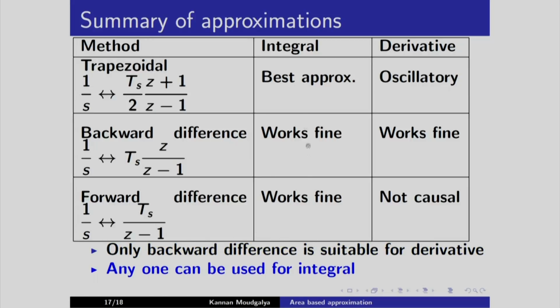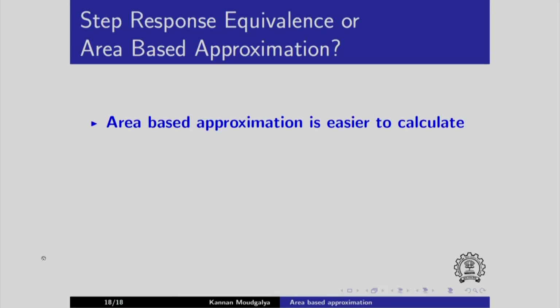Any one of these can be used for integral and hence there are many possibilities for discretization. So next question is, should we use step response method or area based approximation method?